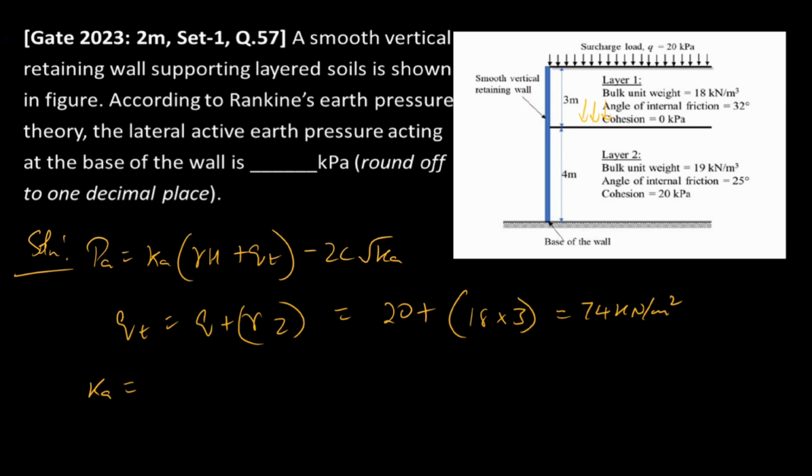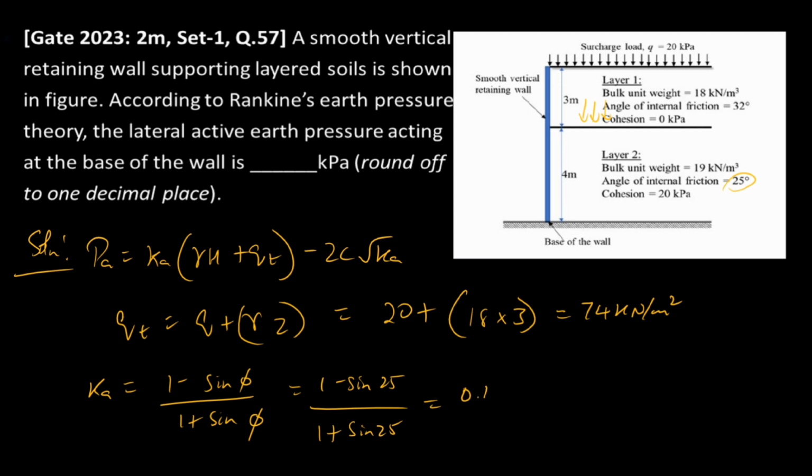The value of Ka will be equal to (1 minus sine phi) divided by (1 plus sine phi). So for the active earth pressure at the bottom, we have to consider the angle of internal friction as 25 degree. So (1 minus sine 25) divided by (1 plus sine 25). From this we will get the value as 0.406.